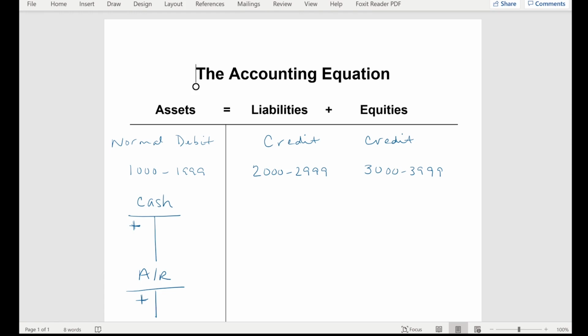For the liabilities accounts, accounts payable, you're going to credit to increase it. And then notes payable, you're also going to credit to increase it. And for the equity, I'm going to put owner's equity on here. And to increase the owner's equity account, you would use a credit.